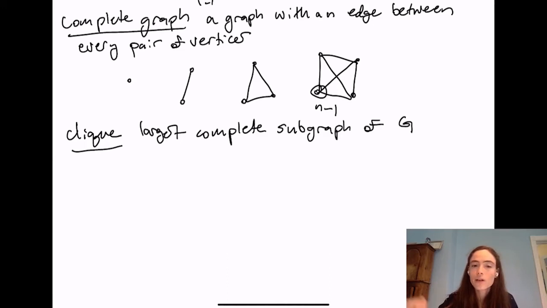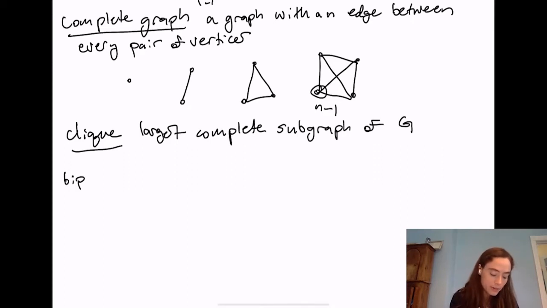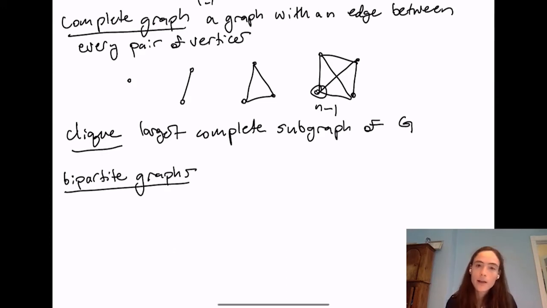So now I'll talk about one more family of graphs that comes up a lot and is important to know about. So these are bipartite graphs. A bipartite graph is a graph whose vertices can be partitioned into 2 sets.